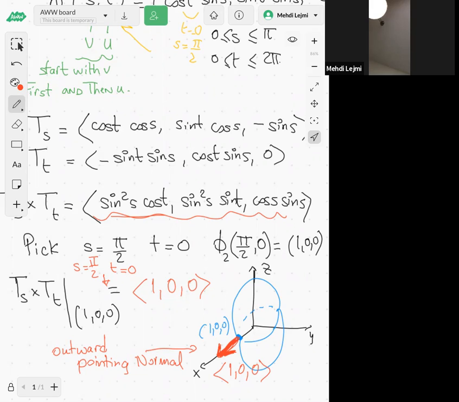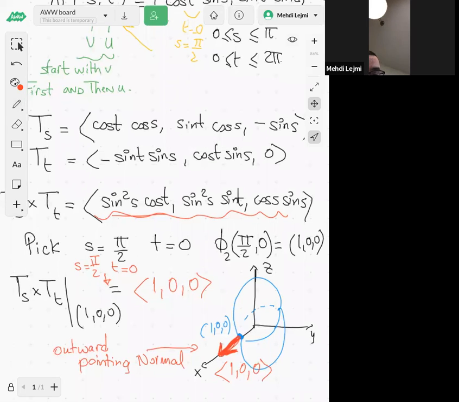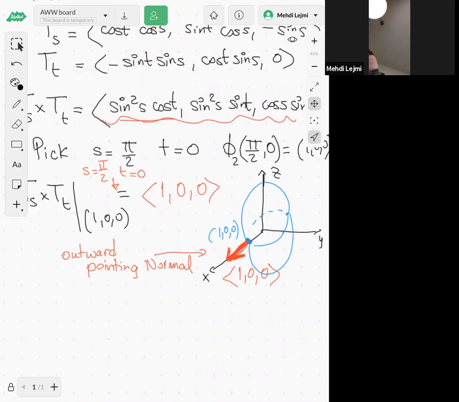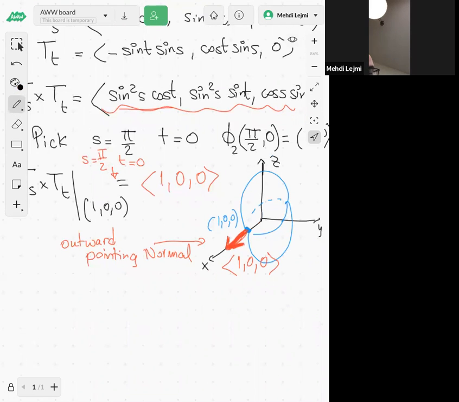Okay, so now I got the right, the required orientation.